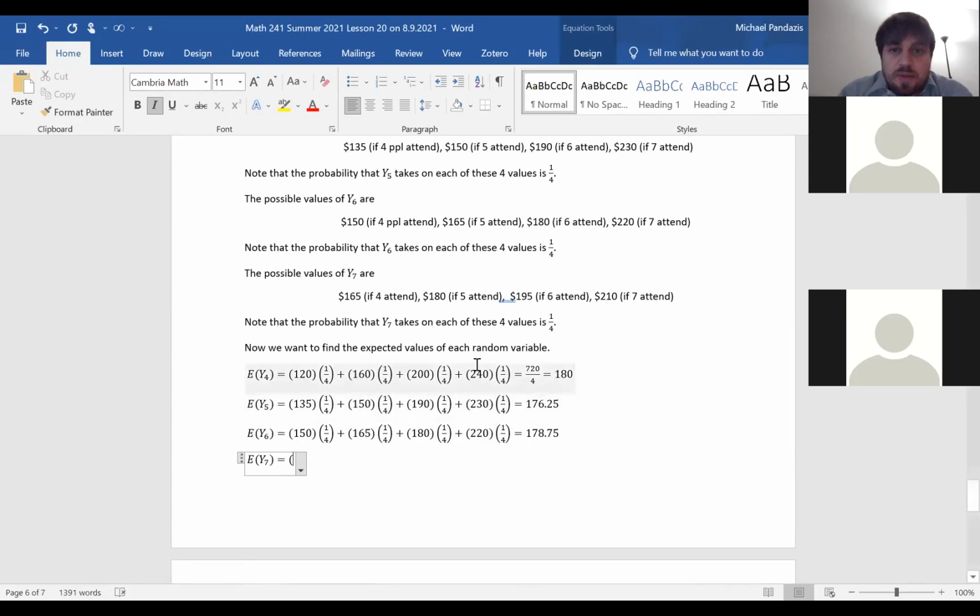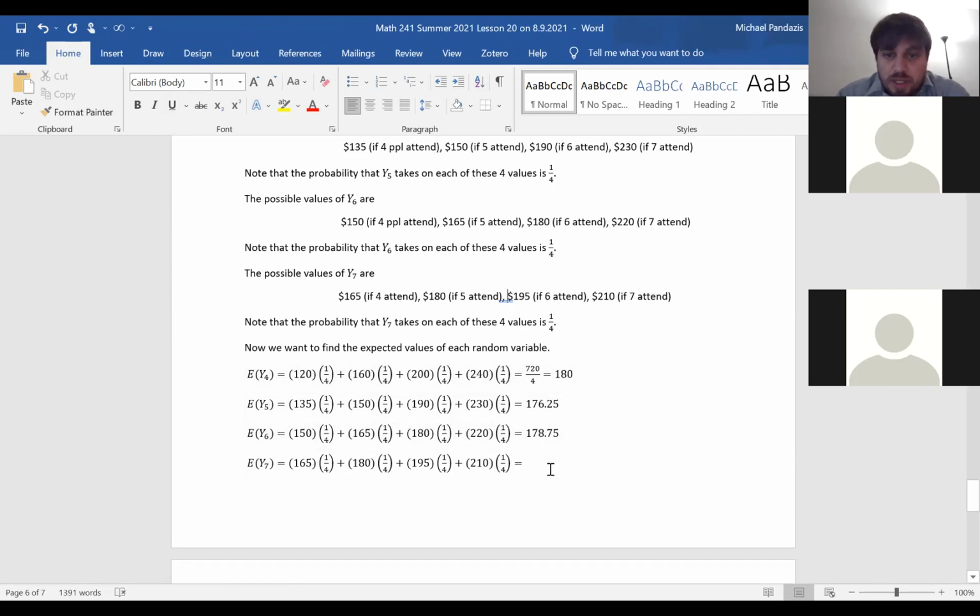So this is equal to 165 times 1/4 plus 180 times 1/4 plus 195 times 1/4 plus 210 times 1/4. You take the sum of those products, and what you get is $187.50.